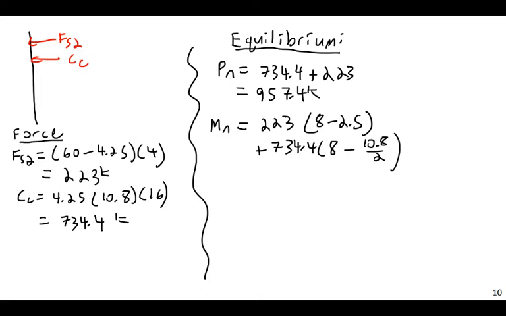So that's 8 minus 10.8 divided by 2, and 8 minus 2.5. And what that comes to is a nominal moment capacity that will be the sum of 1226.5 plus 1909, and we get 3,136 kip-inches or 261 kip-feet.